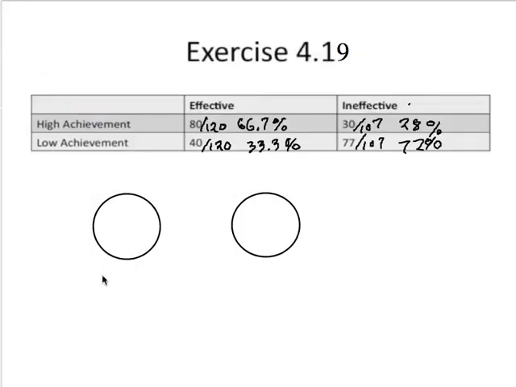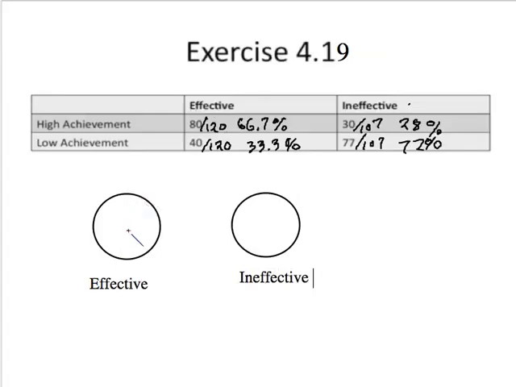They're not going to be perfect because I'm doing it by hand, but what we have is one pie chart for effective teachers, and then we'll have a second pie chart for ineffective teachers. Okay, and I'm going to use my handy dandy line tool here to make my pie charts with.